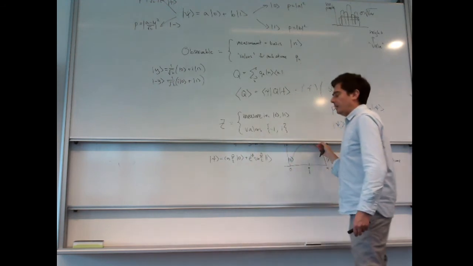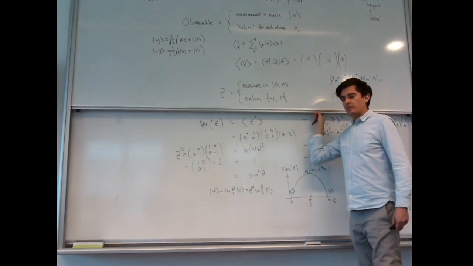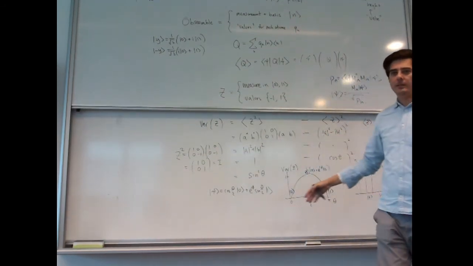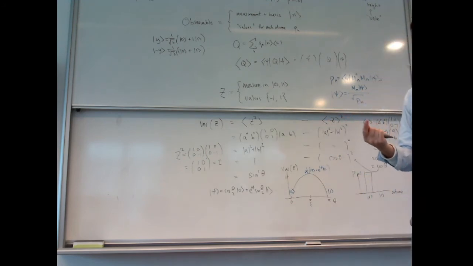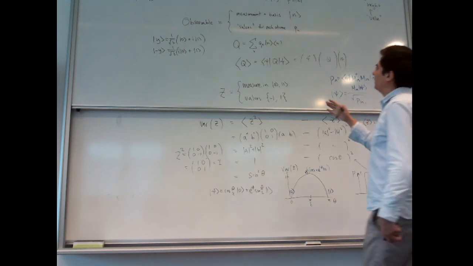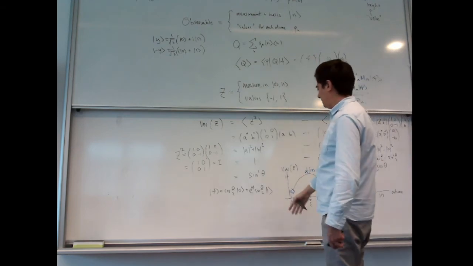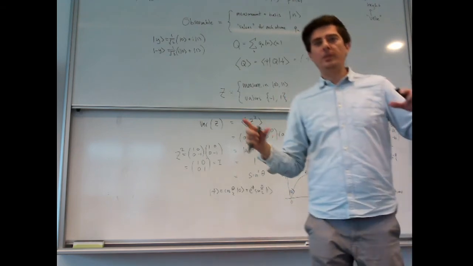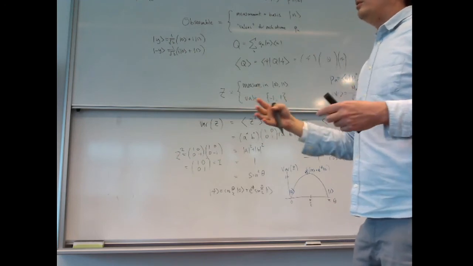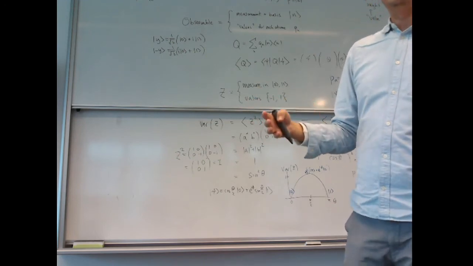Just before I rub this out, in the latest homework I think there was a question like: work out the average values using the average value formula, or using the probabilities.